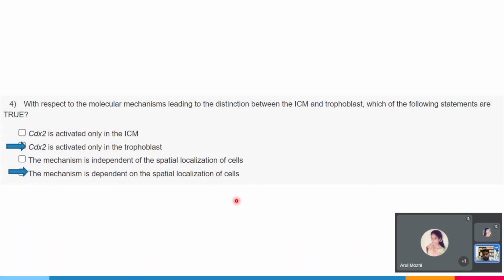But for this particular question, with respect to the molecular mechanism leading to the distinction between ICM and trophoblast, which of the following statements are true? The options are: CDX2 is activated only in the trophoblast, and the mechanism is dependent on the spatial localization of the cells. These are the two options which are correct, according to the flowchart that we have just seen.